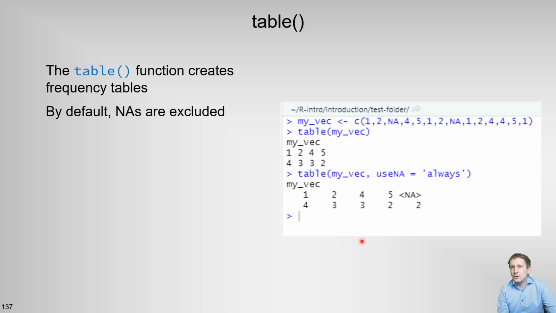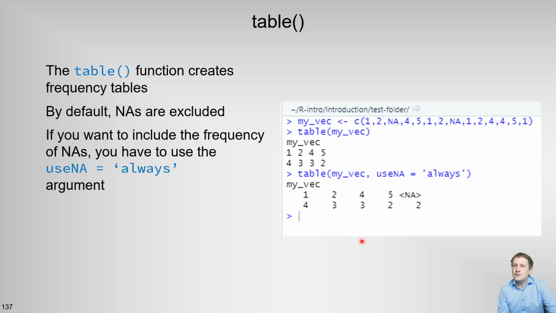By default, the table function excludes NA. And if you want to also get a count for the number of missing values, you have to tell table that with a particular argument. That argument is called useNA, and you have to set that to "always".